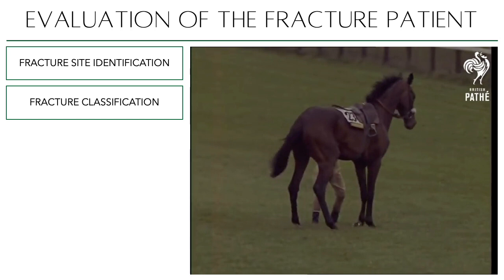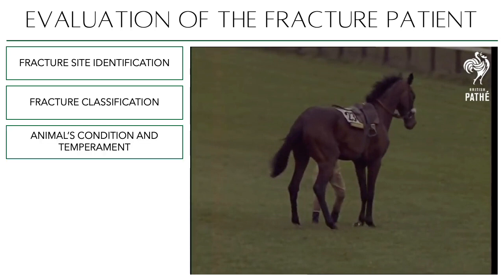If it's incomplete, only one cortex would be broken, right? What else? Is it comminuted? Is it transverse? Is it spiral? Basically, the direction of the break, right? So these are just some of those ways of classifying fractures, which would enable you to fully evaluate your patient.